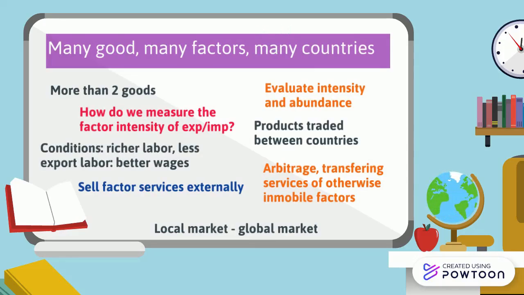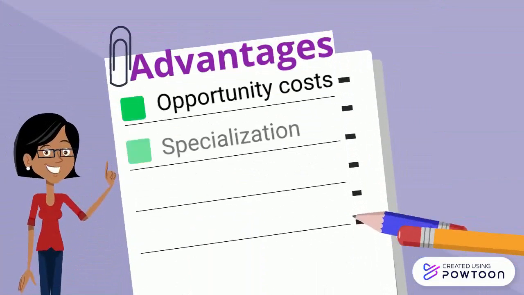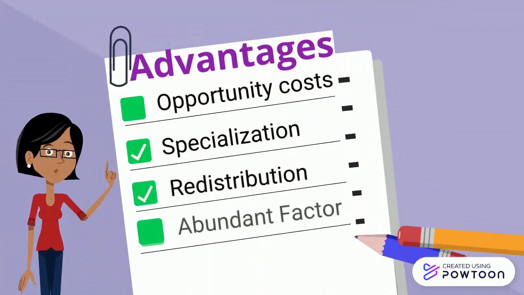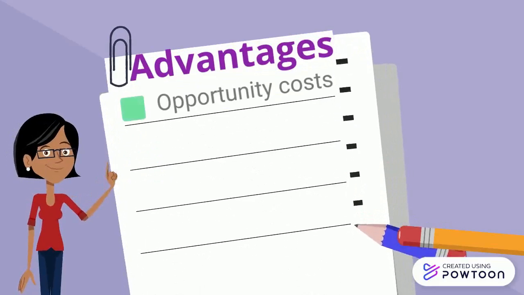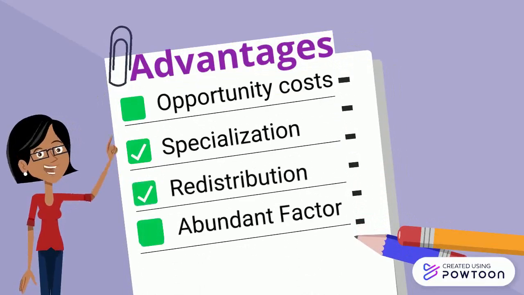Perhaps the most important implication of the HO model is that the option to sell factor services externally transforms a local market for factor services into a global market. According to the Heckscher-Ohlin model, all the countries have the same production technology.